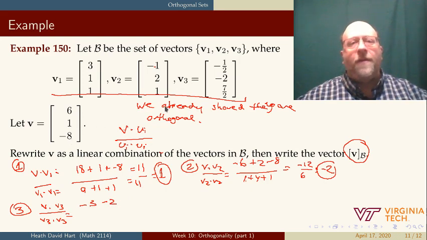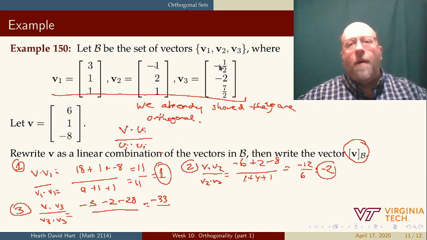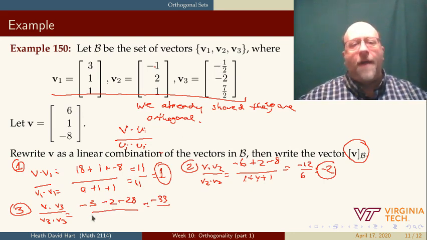And negative 8 times positive 7/2 is negative 28. That's negative 3 minus 2 is negative 5. Negative 5 minus 28 is negative 33. In the denominator, negative 1/2 times negative 1/2 is positive 1/4. Negative 2 times negative 2 is positive 4.